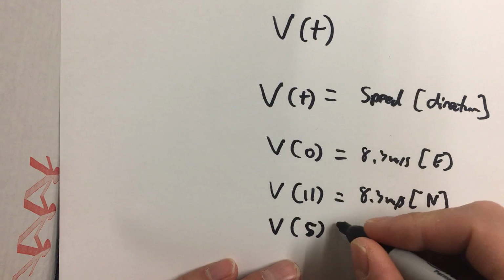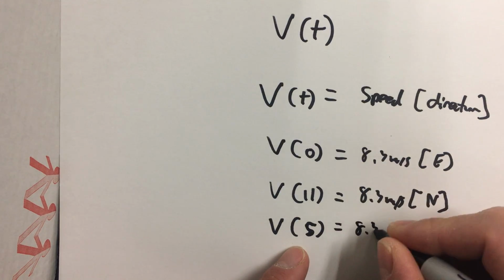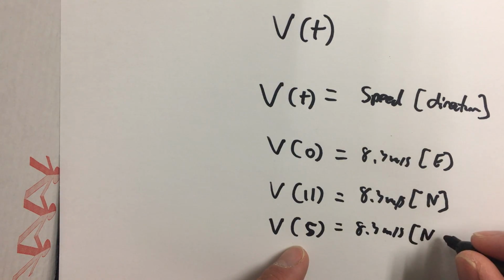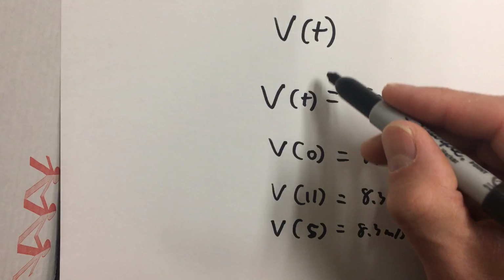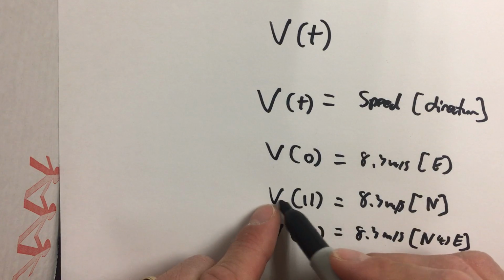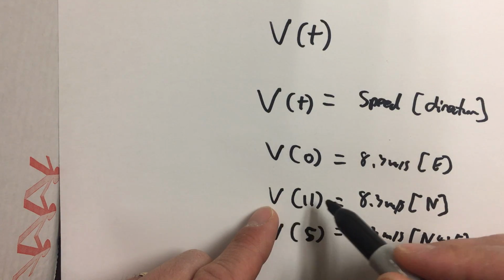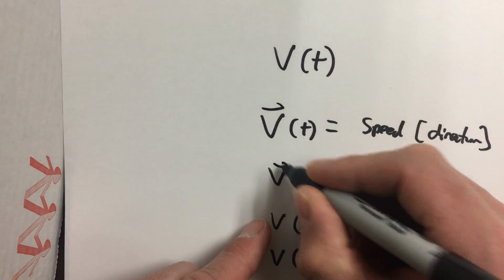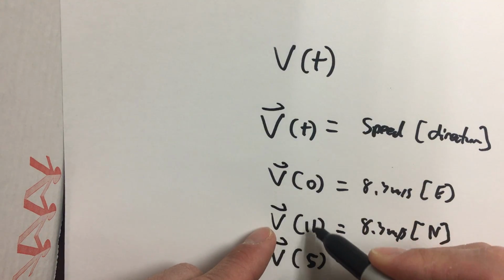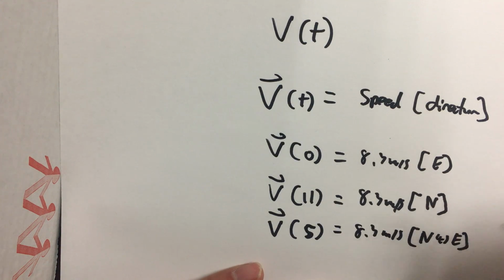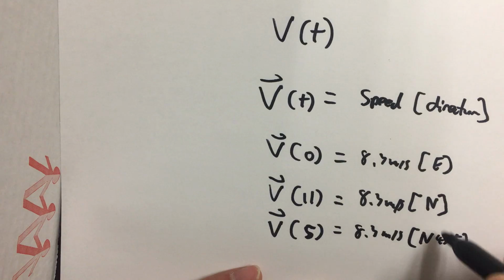So their instantaneous velocity at 5 seconds could have been 8.3 meters per second, and let's call that north 45 degrees east. Notice this is not a number being multiplied by v. I'm using what we call Lagrange notation. So v is our velocity, which is a vector, and it's a function of time. So at these different times, we have these different velocities. These are all different instantaneous velocities, and what makes them different is that the directions are different.